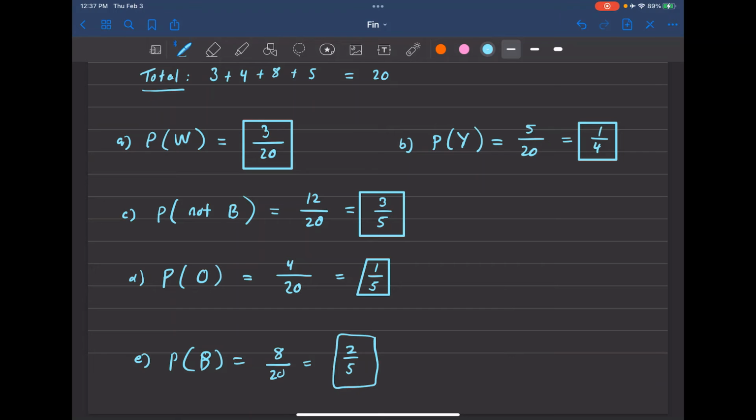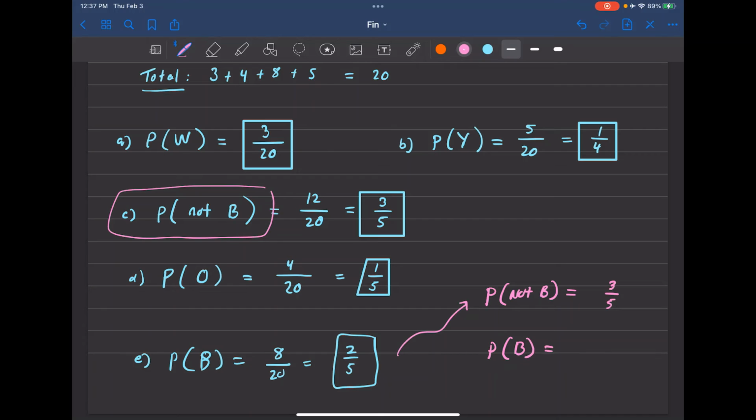Or if you want to think about the complement, this is a clever way to do it. Using this information, we know that the probability of getting not black is 3/5. So the probability of getting black would be 1 minus the probability of not black.